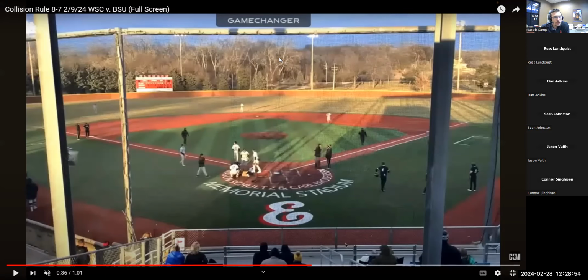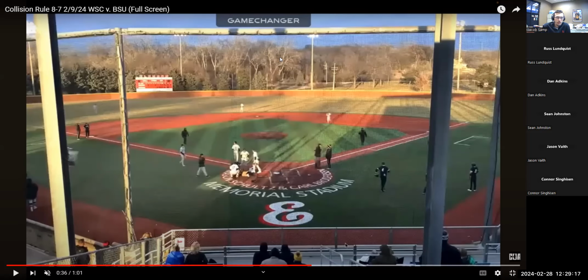Is this a situation where it would be advisable to take the offending head coach up to the 45 and have U1 come down to where I'm standing right now? Or should we stay at the dirt circle? That was just a conversation that we were having a couple days later when we were going through the video and talking about it.